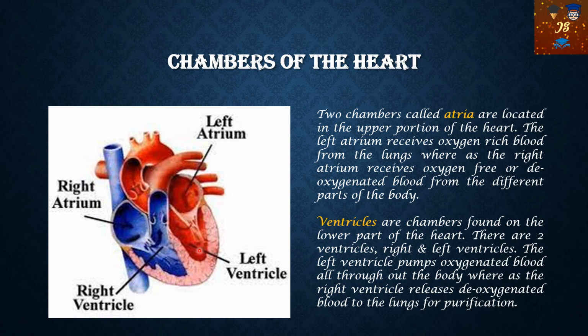Oxygenated blood means the red one, and the right side of the heart, the right atrium and right ventricle, contain the deoxygenated blood which is collected from various parts of our body. So the chambers of the heart are four: left atrium, right atrium, left ventricle and right ventricle.